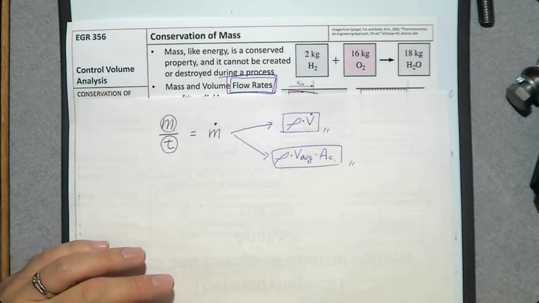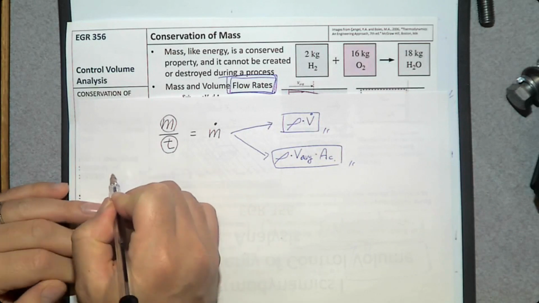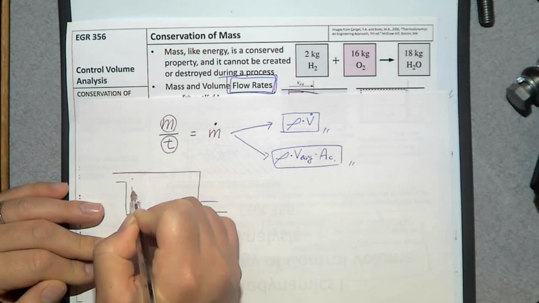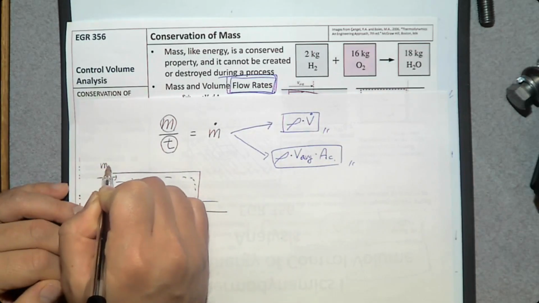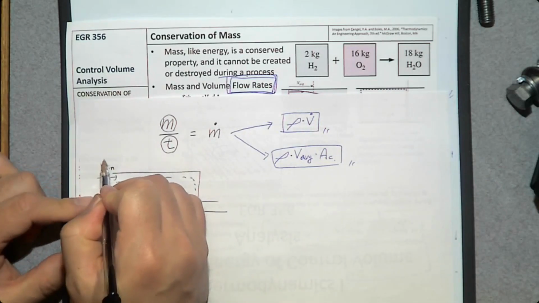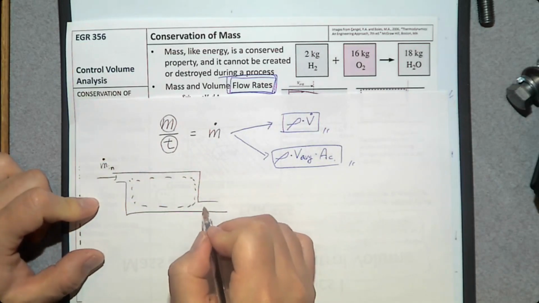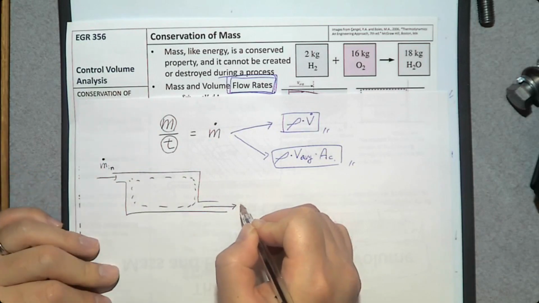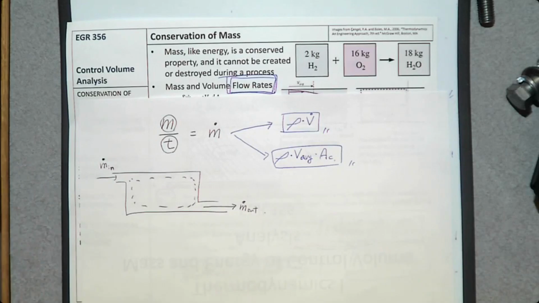Then let's study the mass balance equation first. So when we have an open system like this, the mass goes in, so it's going to be not just mass, it's going to be mass flow rate, m dot at the inlet. So there is a mass leaving the control volume, which is m dot at the exit, m dot out.